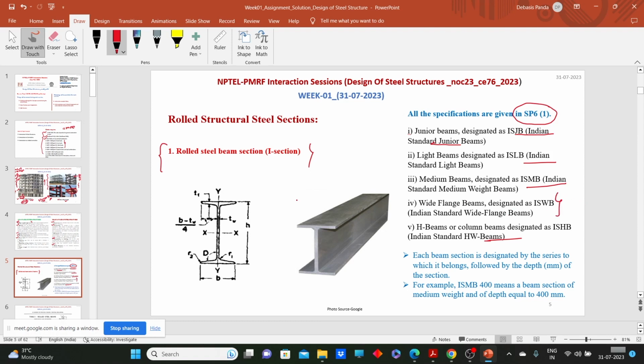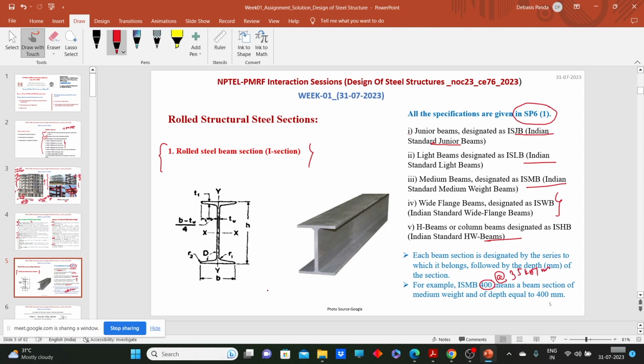First, let's try to understand how these beam sections are designated. These beam sections are designated by a number followed by some weight, say for example, 35 kg per meter.